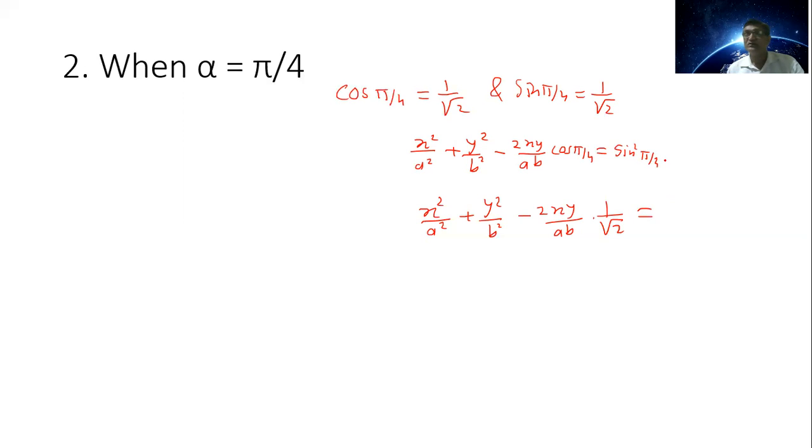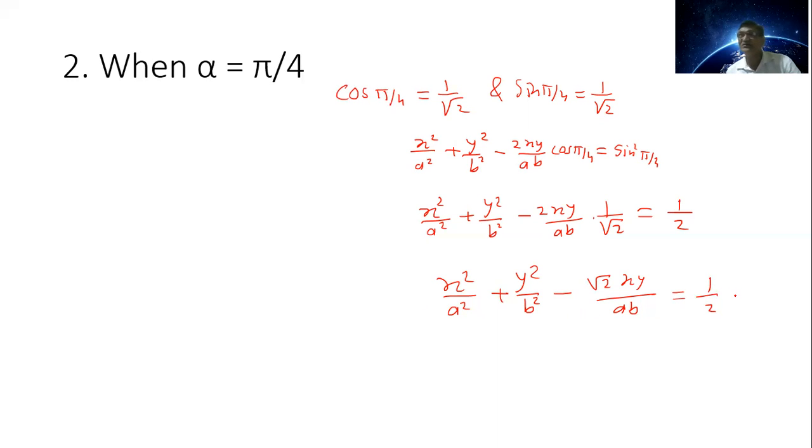And sin pi by 4 is 1 upon root 2 and its square is 1 upon 2 here. Now here one of the root 2 gets cancelled. And that's why we can write here x square upon a square plus y square upon b square minus root 2 into xy upon ab is equal to 1.